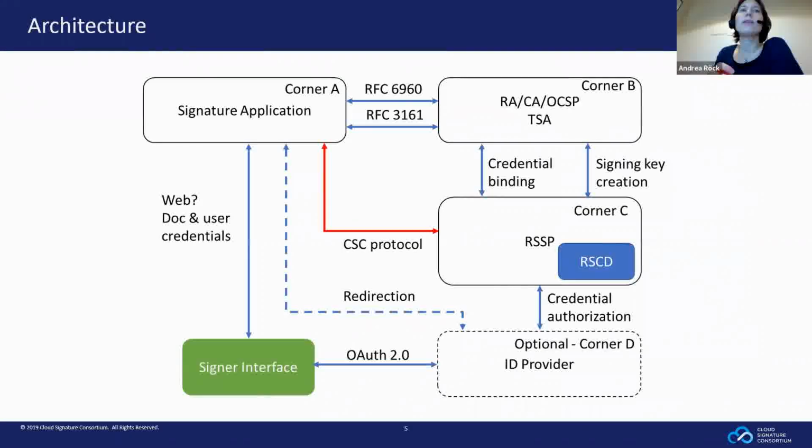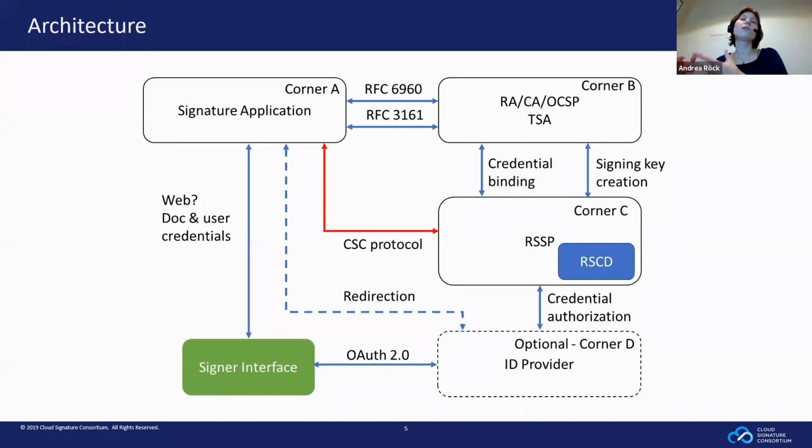So the user will say to the signature application, okay, here's my document, I want to sign it. The signature application asks the user, do you have a key somewhere? And he says, yes, I have it with that provider. Then the signature application will contact that provider, and the user will authorize the signature.